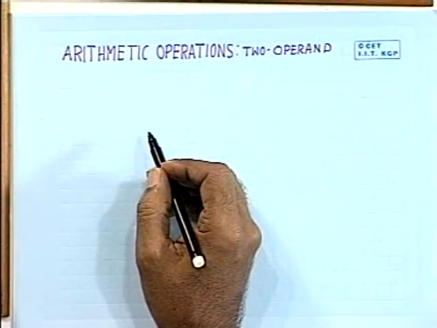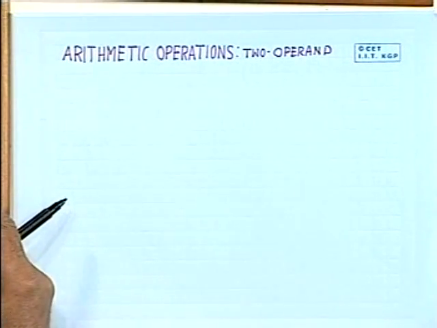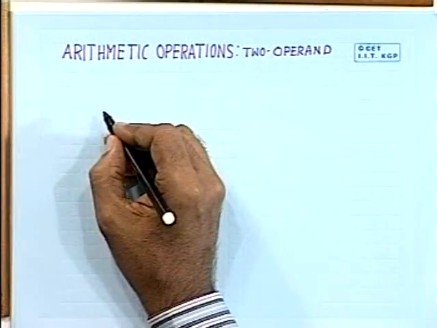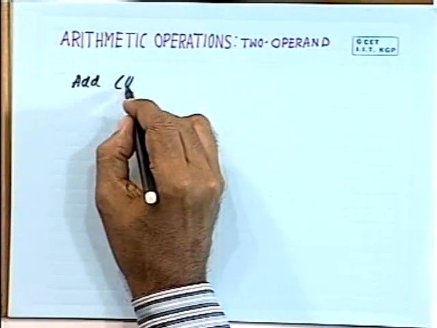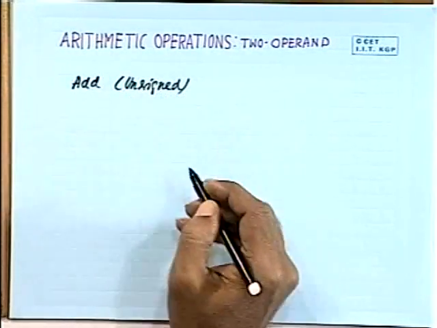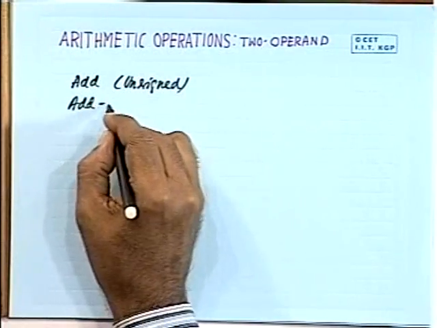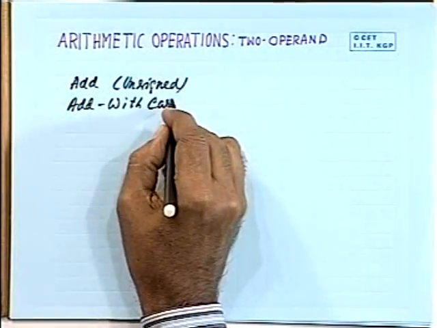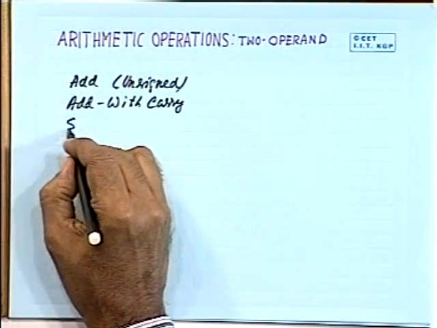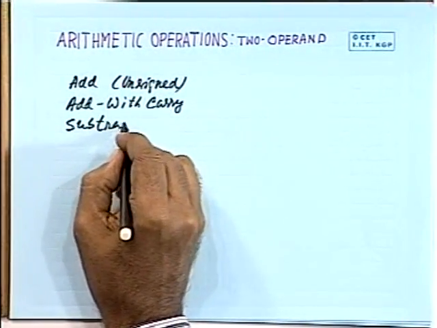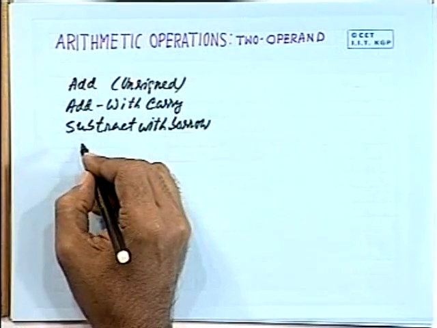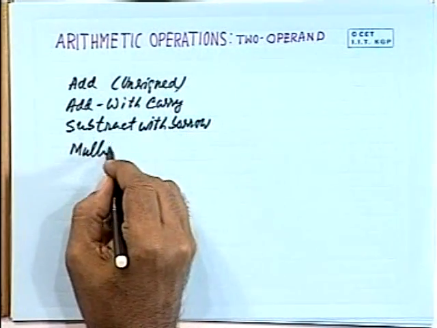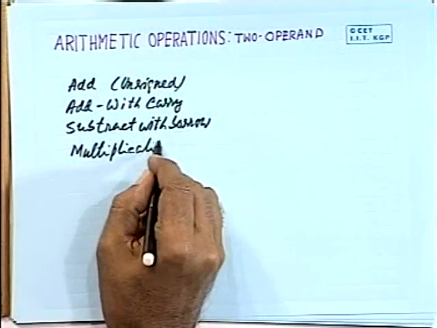The two operand arithmetic operations available in the instruction set of 8051 are addition, and this addition is essentially unsigned, then add with carry, then subtract with borrow, and multiplication and division.